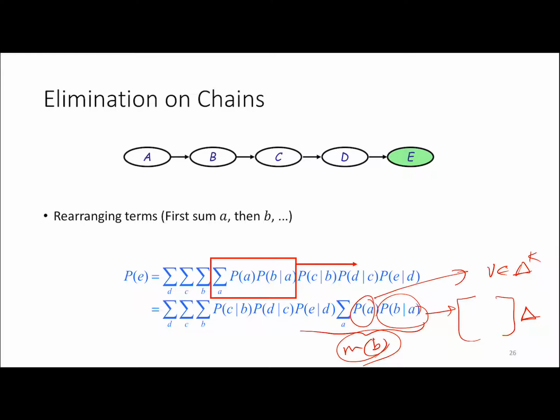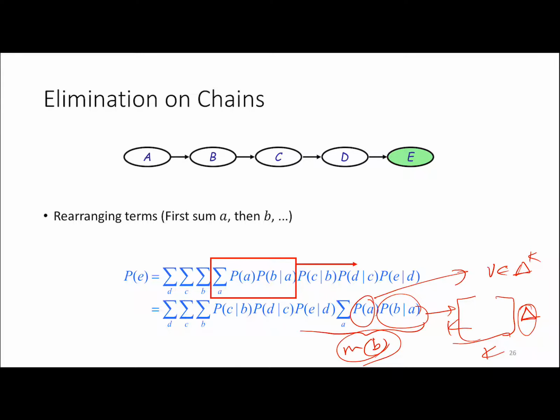Is that part clear? What is the computational complexity of this matrix-vector multiplication? Come on, guys, computer scientists. The dimensionality of delta, or your message of P of A, was k. This is k by k.